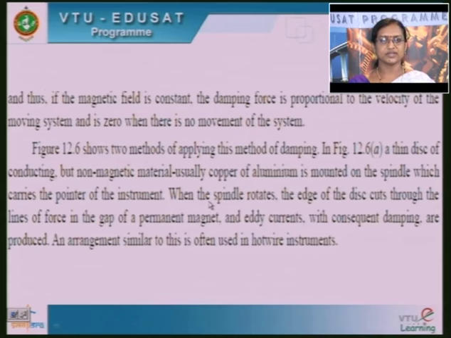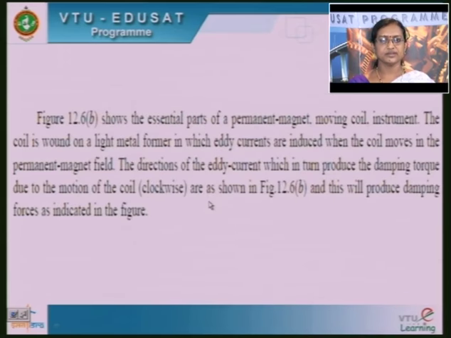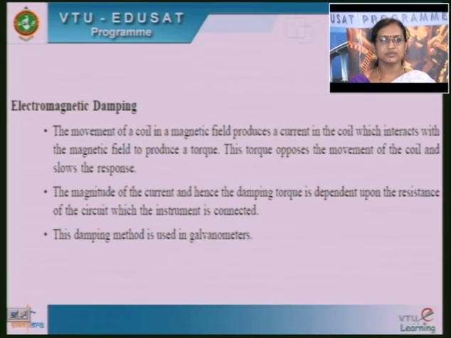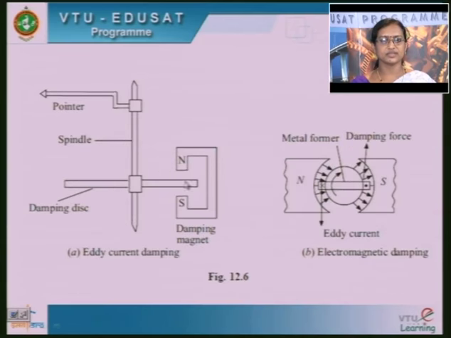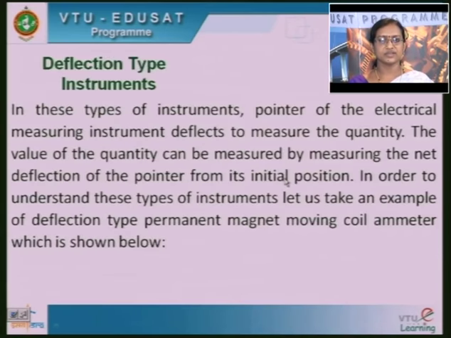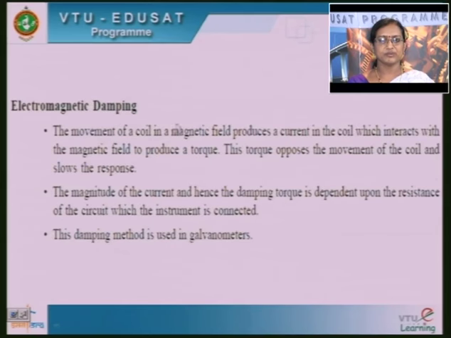I already explained these two ways of connecting. Now, in the electromagnetic effect also, we will have two magnets. The movement of the coil in a magnetic field produces a current in the coil, which interacts with the magnetic field to produce a torque; I already explained that in the DC machine principle.